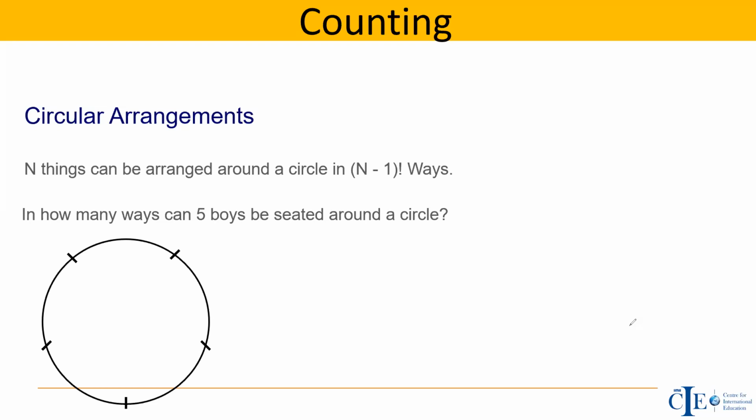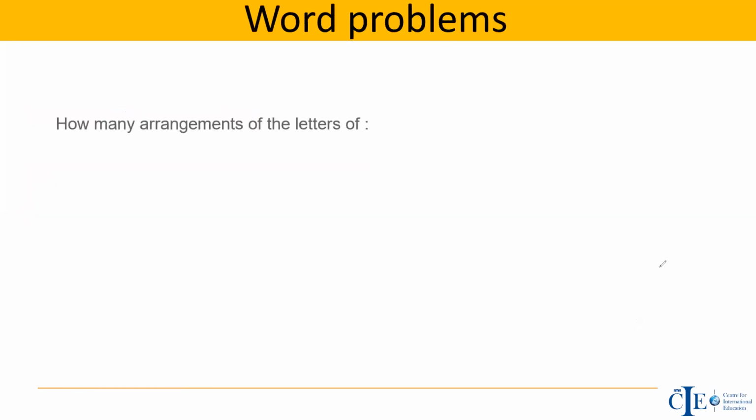So it's one place away clockwise, two places away clockwise, three clockwise, four clockwise, and like that. So that's why you have loss of one, because that one object is used as a reference. So 5 boys in 5 places, right? It would be 4 factorial, which would be 24. Right. Although circular arrangements are hardly tested on GRE.